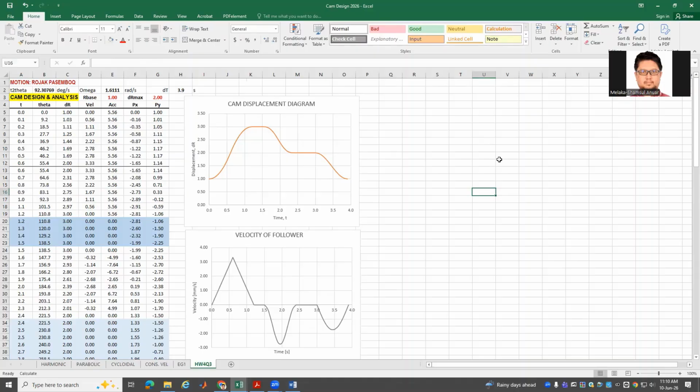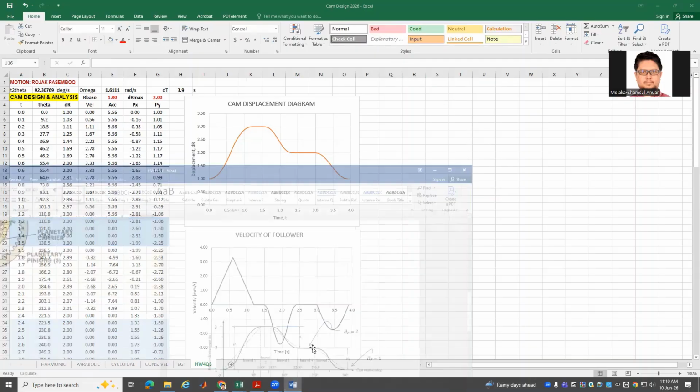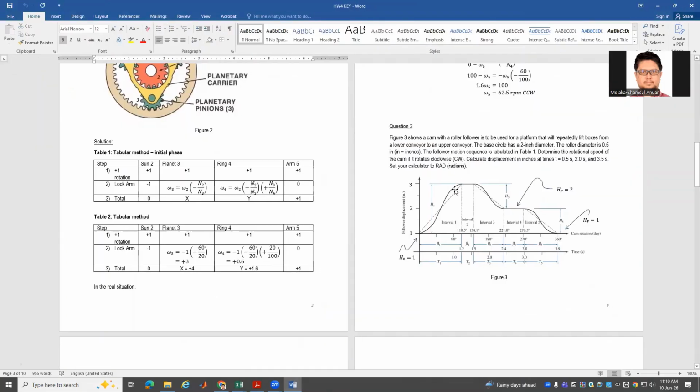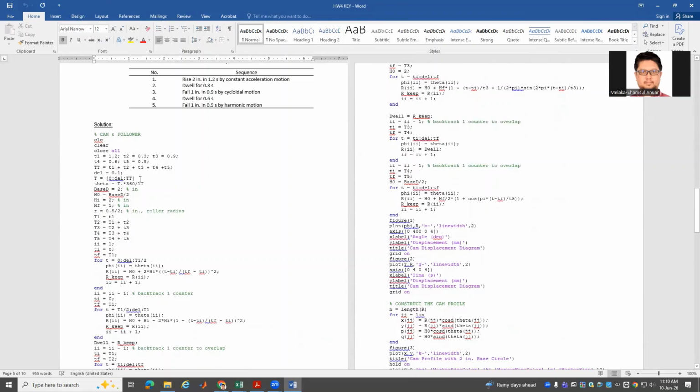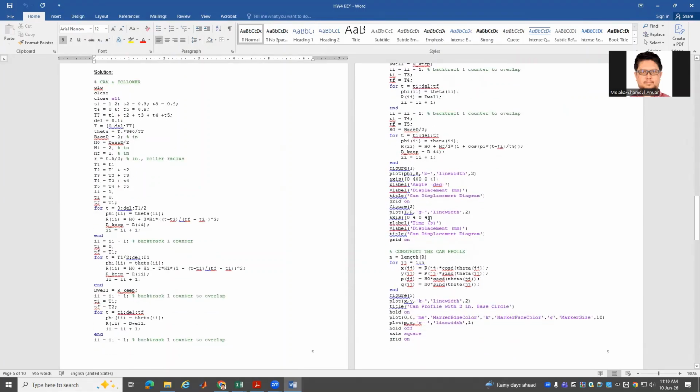That's about it in terms of this thing. But if you want to try to do it using MATLAB, you can pretty much copy paste from this one.